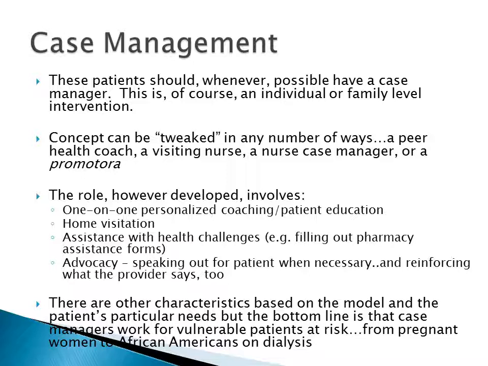And these are data that will be very helpful as you move forward with improving their health. And this person helps these patients with health challenges that we just don't always have time to do. Helps with filling out pharmacy assistance forms, help with making appointments with specialists, helps with getting them somewhere, finding access to care. And then finally, advocacy, speaking out for the patient when necessary.